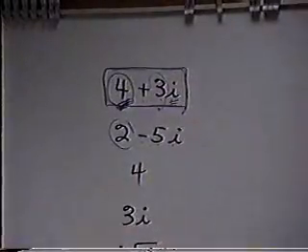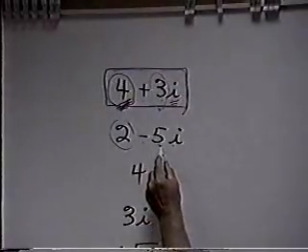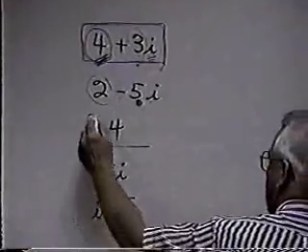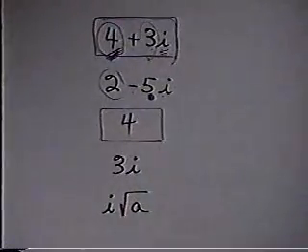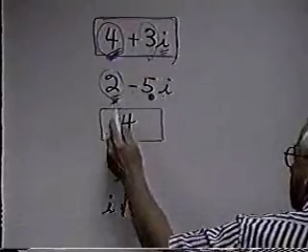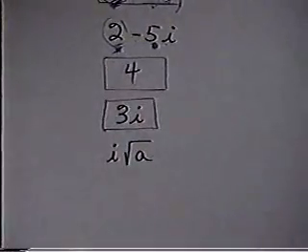It so happens that all numbers are complex numbers. If the number that goes in front of the I is 0, we have what we call real numbers. If the number out here at the front, at the beginning of this, is 0, we have what we call pure imaginary. It's a misnomer. It's not an imaginary number, but that's the way to describe it. That's the way they talk about it.